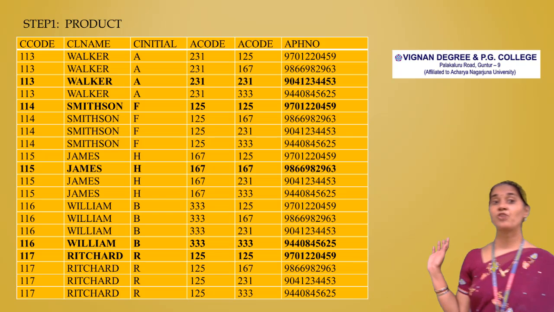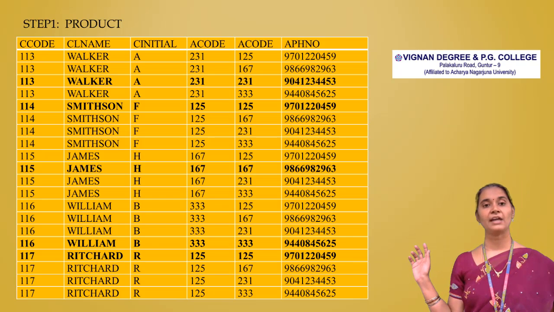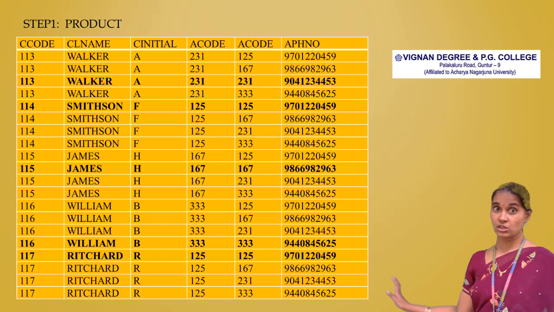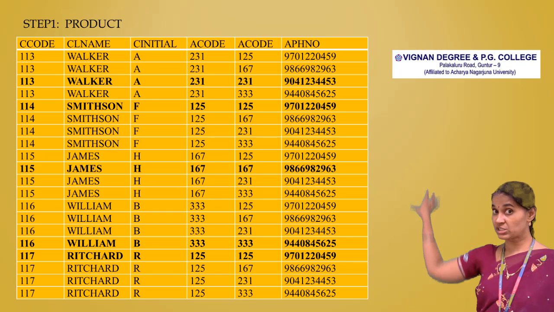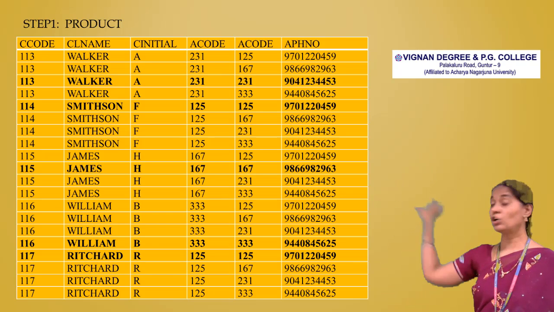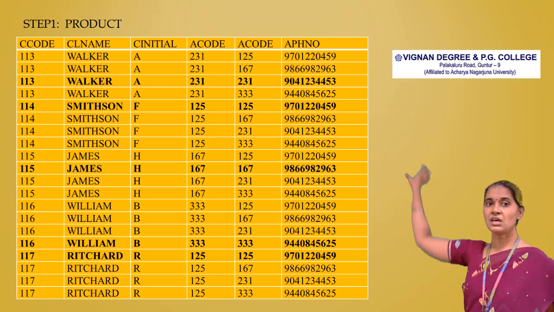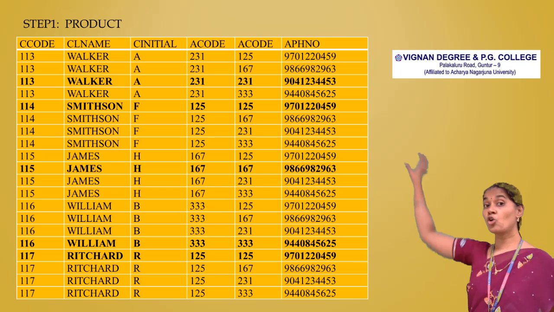So after performing the product operation, what should I do in step 2? I need to select only the rows whose A codes are equal.